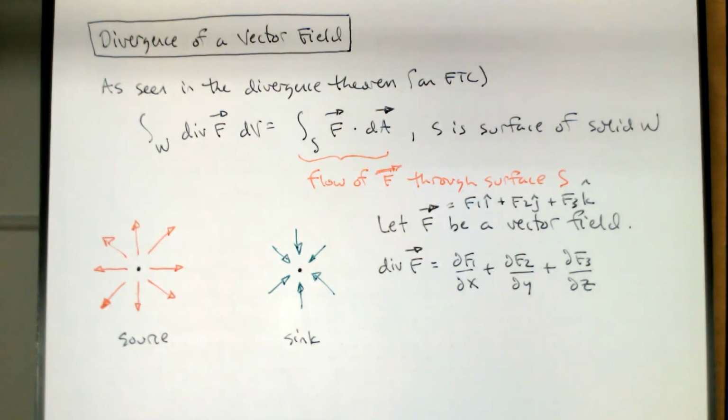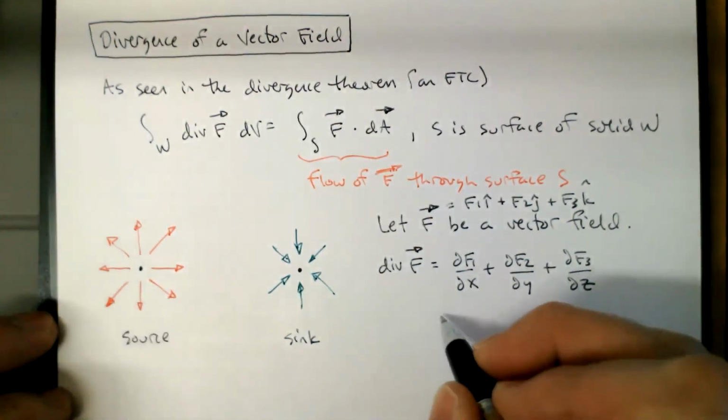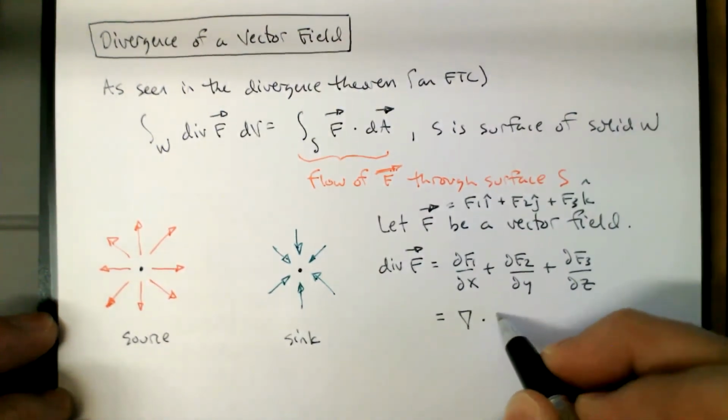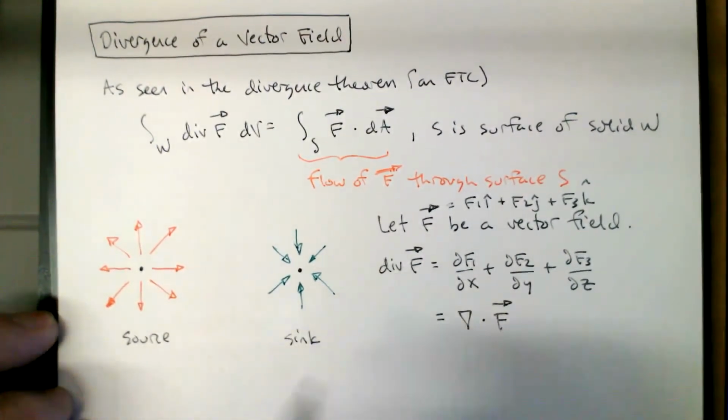This is the result of performing an operation on the vector field F. And we have a name for this operator. The divergence of F is the dot product, del dot F.